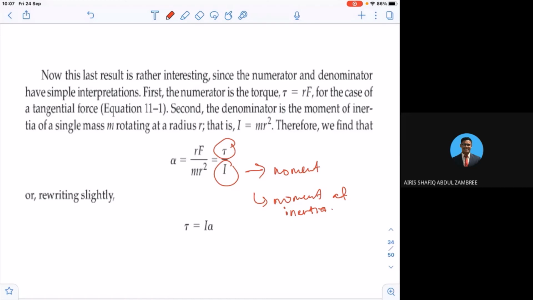That means we can relate radius and mass. Mr squared: I equals mr squared.